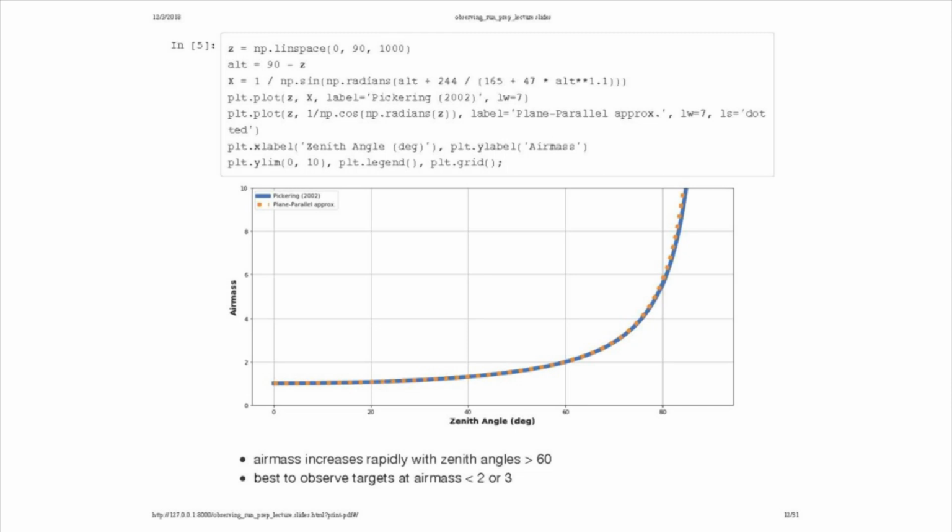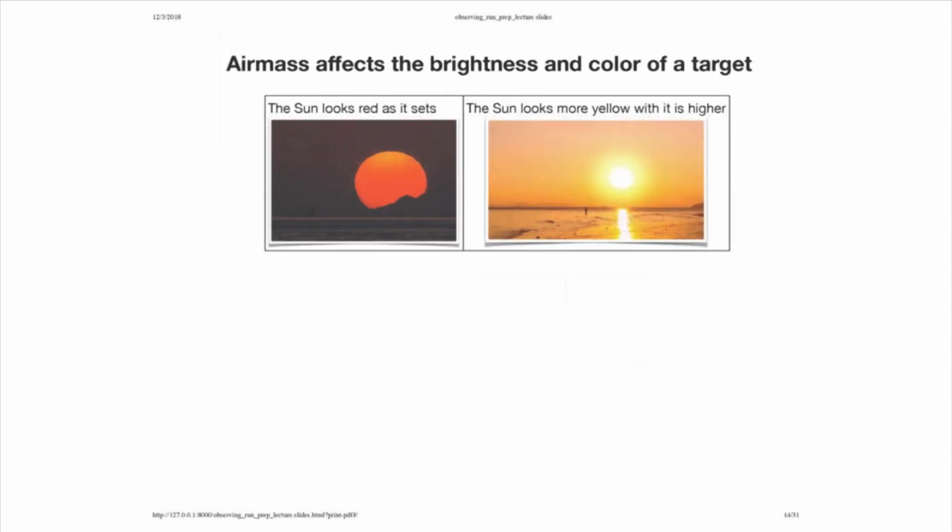All right, so the gist of that is, I'll hit this again, but you typically want to make observations when your air mass is less than 2 if you can, certainly less than 3. Above that, it becomes really impractical to do observations pretty quick, so it's to be avoided.